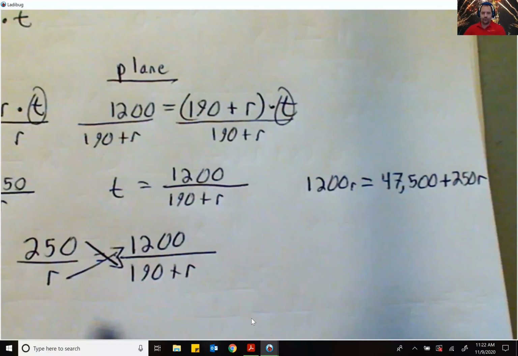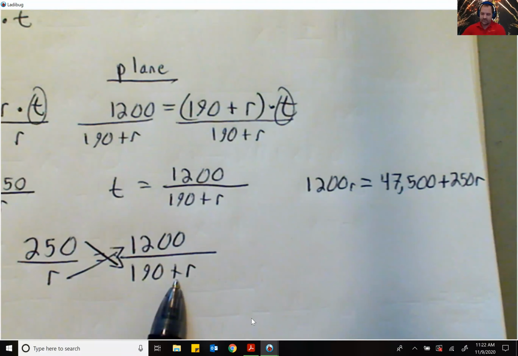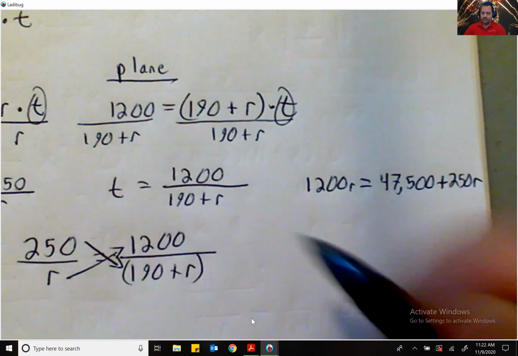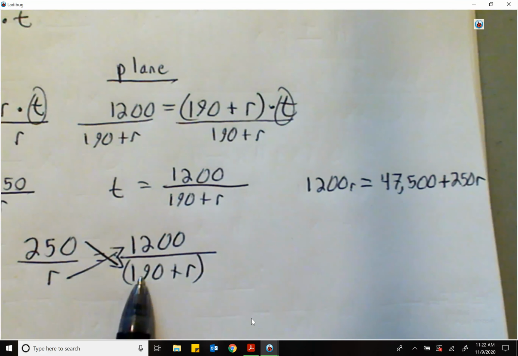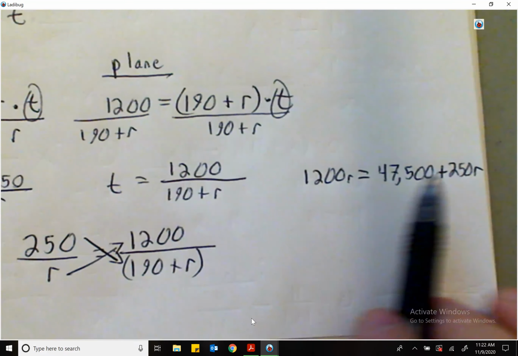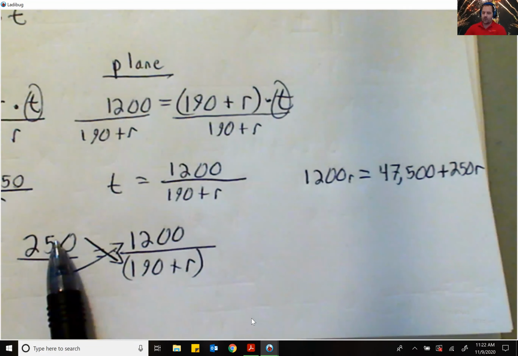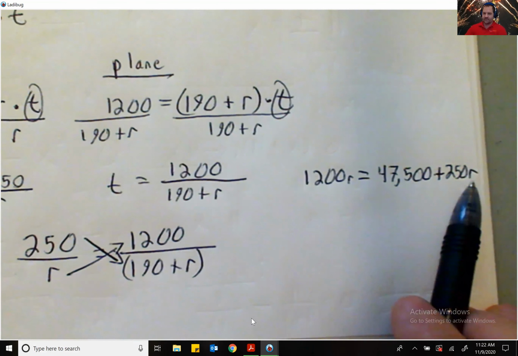You have to distribute through. This is like a giant parenthesis. 250 times 190 is 47,500. Plus 250 times R is 250R. Does that make sense? All right, now what?